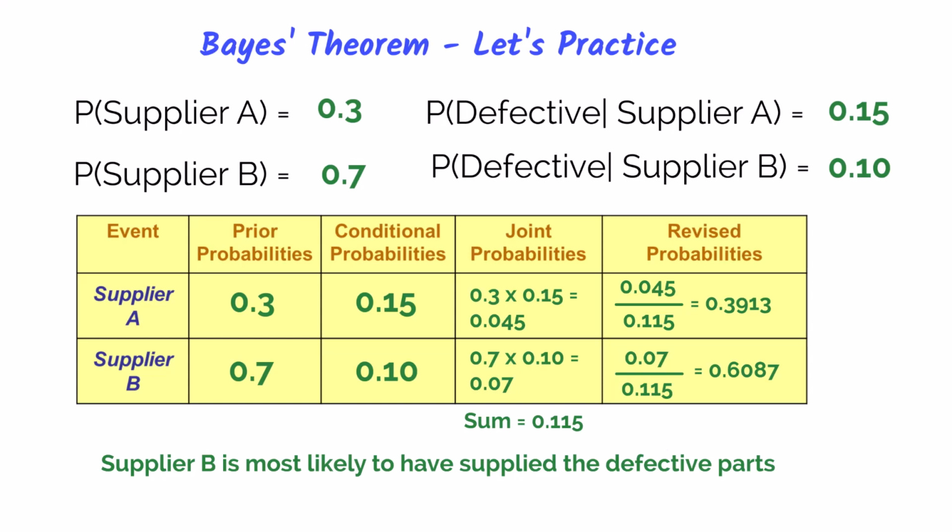So what we've done is we've taken what we know in our prior probabilities, which is how much material supplier A is providing and how much material supplier B is providing. Then we added in the new information regarding the probability of defective parts from each supplier. Then we found the joint probabilities by multiplying these together, and this gives us our revised probabilities, which allows us to make an estimate for our business problem.